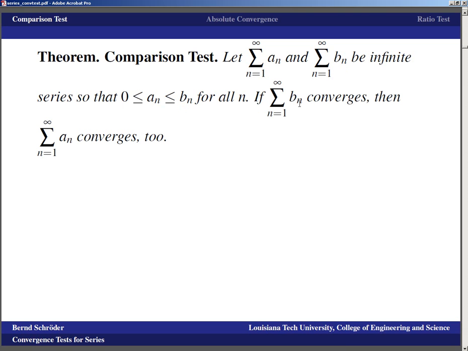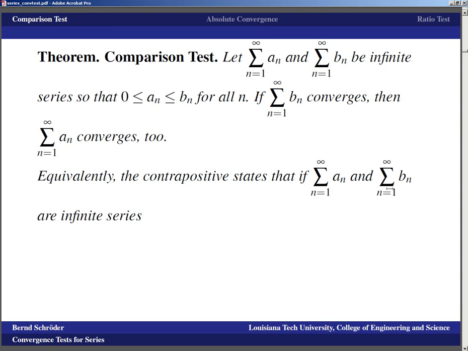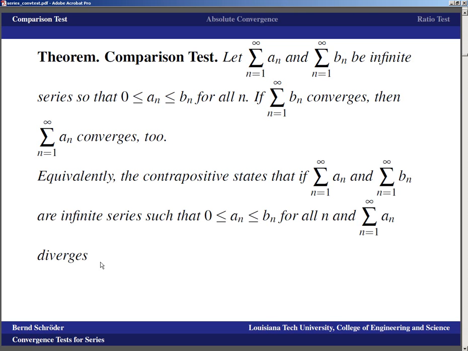If then the series of the bn's converges, then the sum of the an's converges too. And equivalently, the contrapositive states that if they're both infinite series, so that 0 is less than or equal to an is less than or equal to bn for all n, and the sum of the an diverges, then the sum of the bn diverges too.